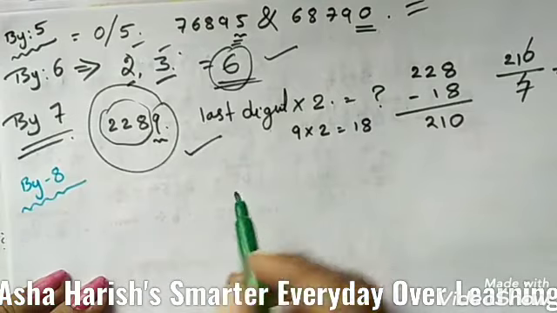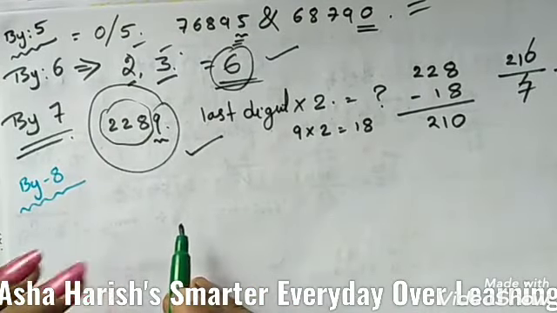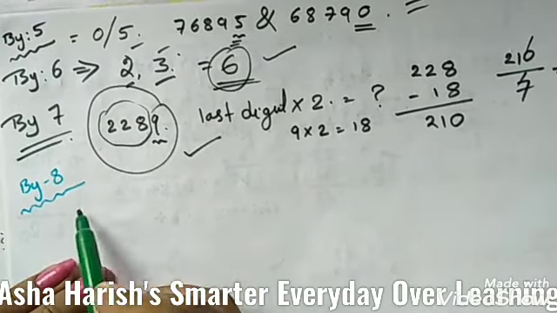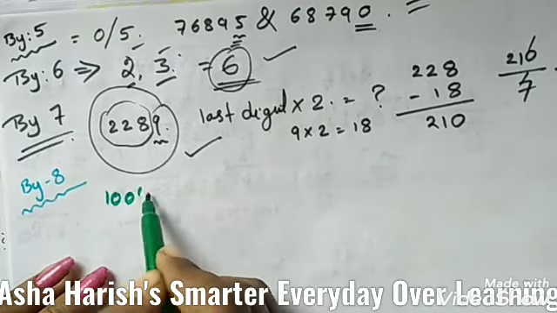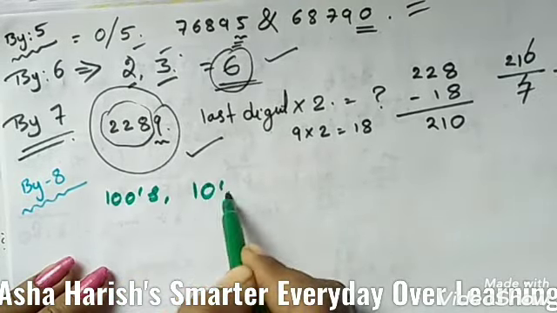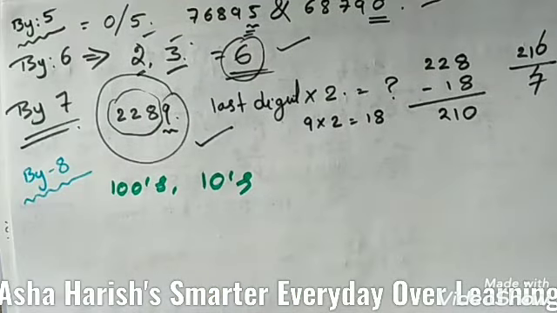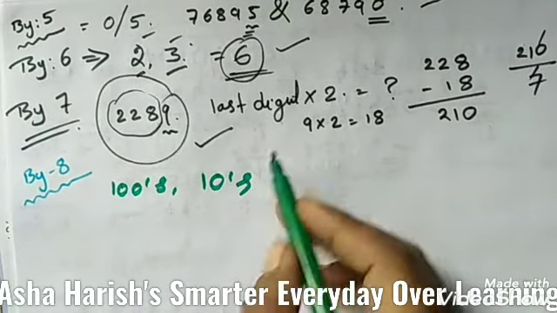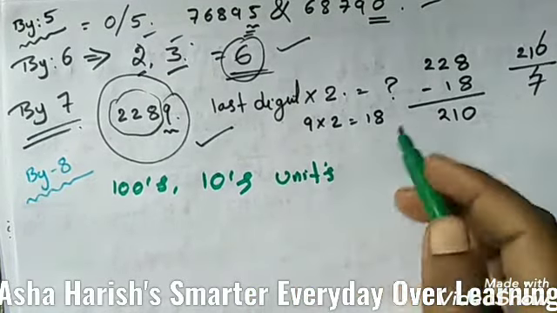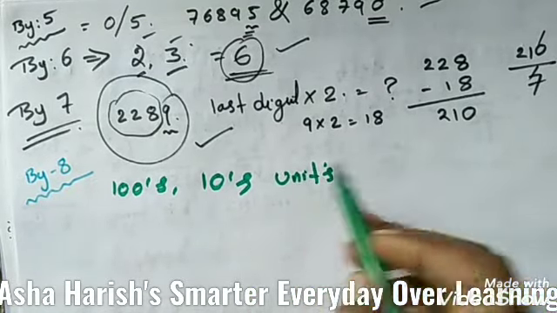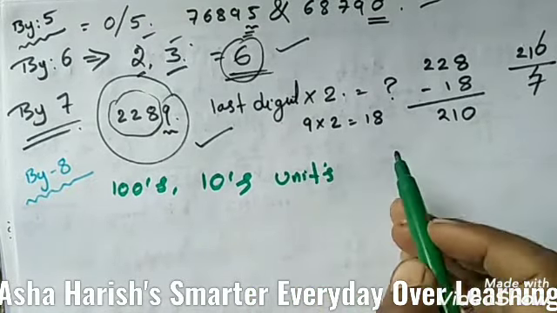Here is the next divisibility rule, of 8. A number is divisible by 8 if the number formed by the hundreds, tens and units digits of the given number is divisible by 8. You have to focus on it. Let us see the examples one by one.